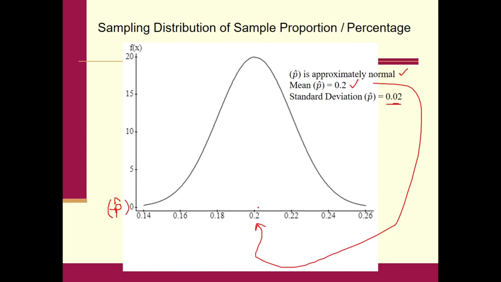So let's go out one standard deviation in this direction, 2 standard deviations, 3 standard deviations, and then go out one standard deviation here. Remember, it's 0.02. Another standard deviation here, another standard deviation there. And now we have our sampling distribution of p-hat drawn. So what this represents is all the possibilities for p-hat.